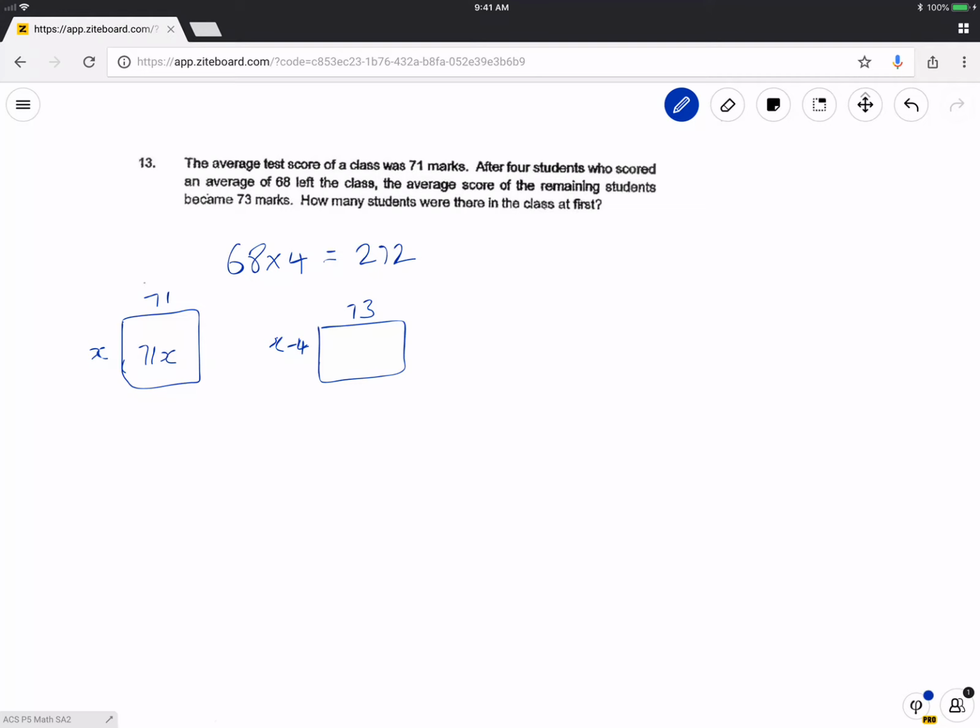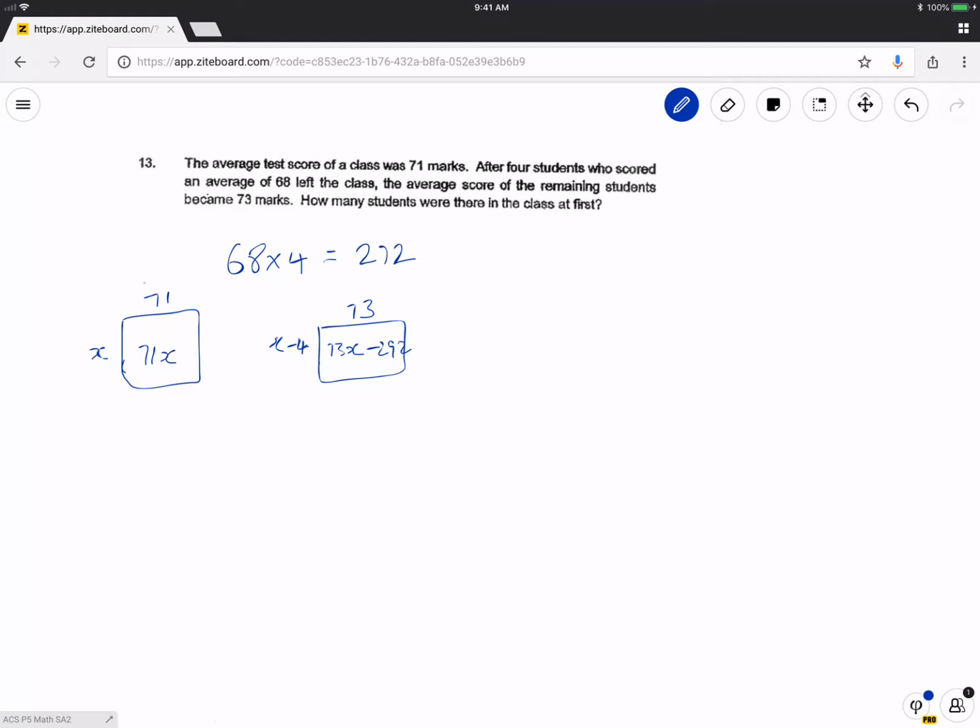It's actually 73x minus 73 times 4, 292. And the difference between these two boxes, which is the total score, is 272.